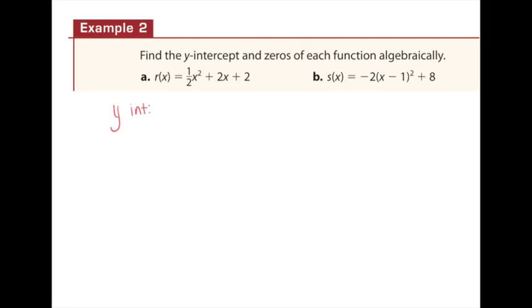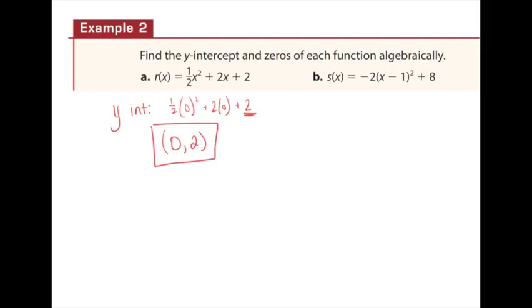My y-intercept is going to be what happens when I plug in a 0 here. And just like we did it when we were graphing, everything's going to zero out except that C value if it is in standard form. So in standard form, it's really, really simple. My y-intercept is always going to be 0, and then whatever my C value was, 2. That is my y-intercept.